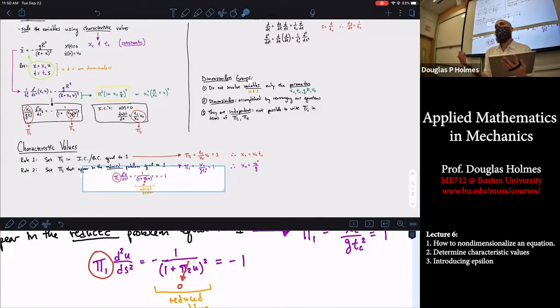In that case, your head should be thinking, well, this equation is really awful. The diffusion equation is simpler. Why don't I throw out the thing that makes it awful and reduce it to the diffusion equation? Same thing here. This term is nonlinear. That makes it hard to solve. Perhaps we could still learn quite a bit about the height of this projectile if we just ignore that nonlinear term. So that's one of the rationales you could use to throw out pi 2.